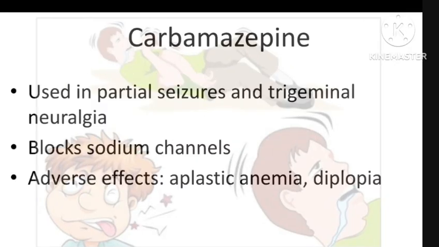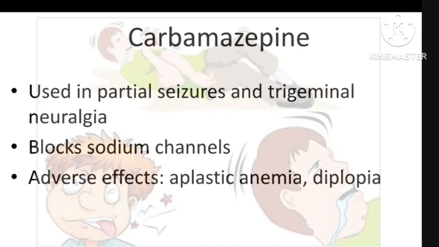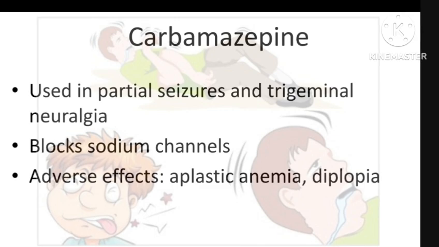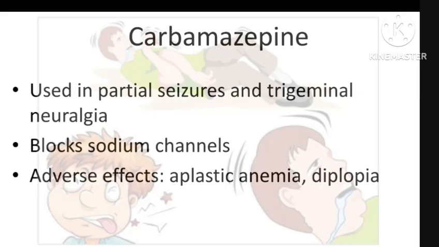Next, carbamazepine. This is a very important drug. It blocks the sodium channel and is used for partial seizures, tonic-clonic seizures, trigeminal neuralgia, and bipolar disorder. The adverse effects of carbamazepine are diplopia, ataxia, sedation, and nausea.